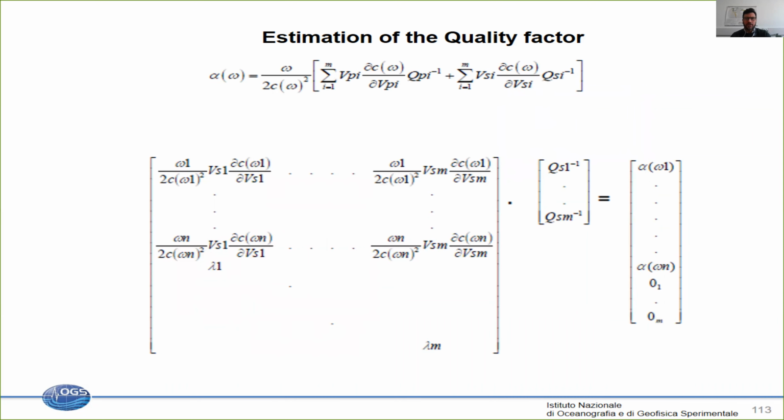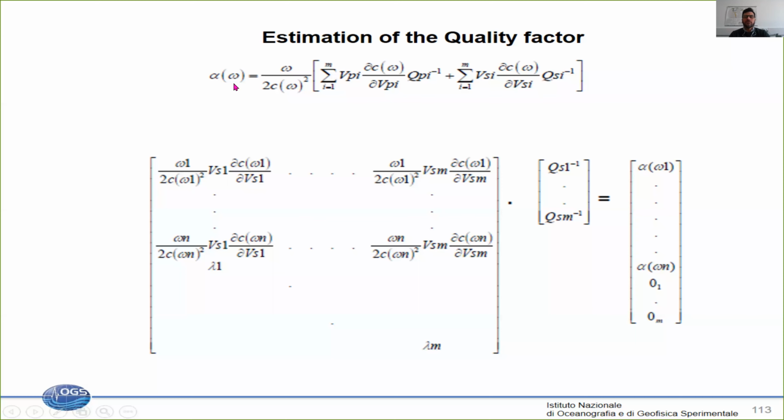So how can this be done? The velocity can be obtained in a separate way, and we saw last time that we can do it by inversion.